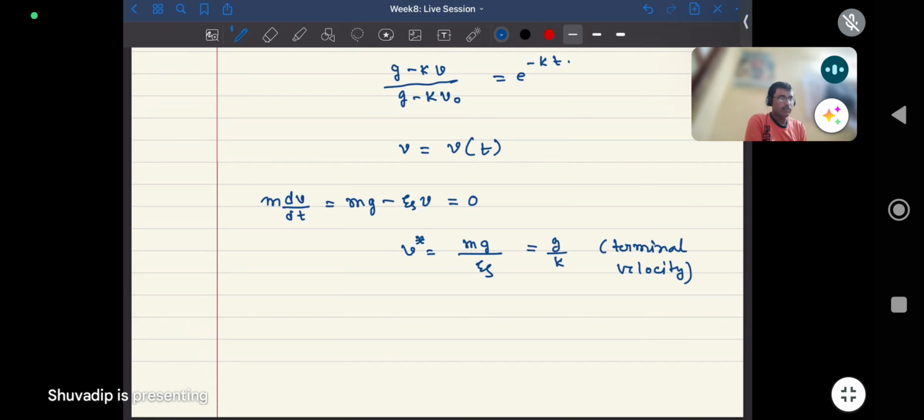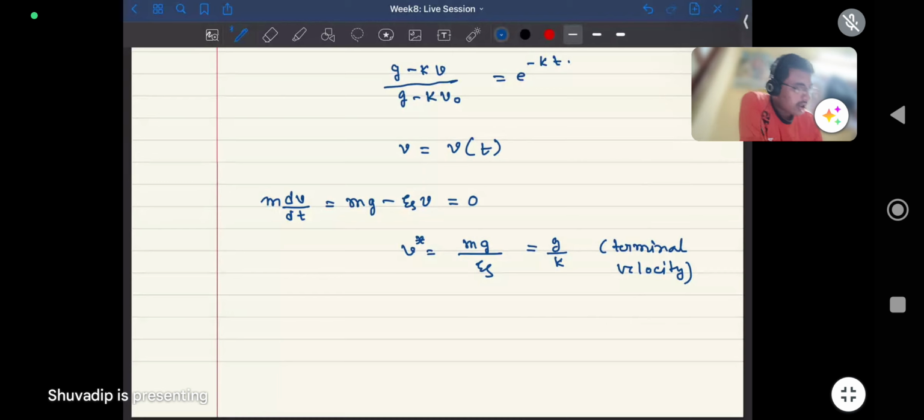There will be viscous drag and gravity acting on it, and after some time the viscous drag will exactly balance the force due to gravity, so there will be no force on the particle, and no acceleration or deceleration. The particle will reach a completely constant velocity, and that constant velocity is called the terminal velocity.